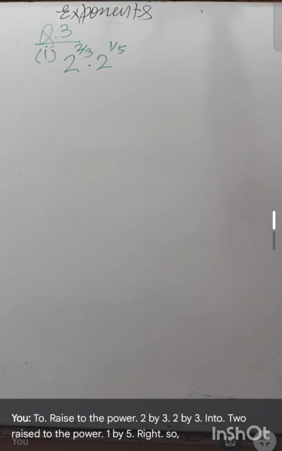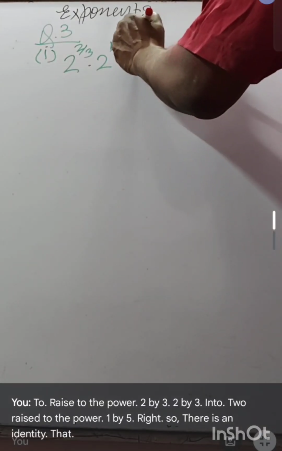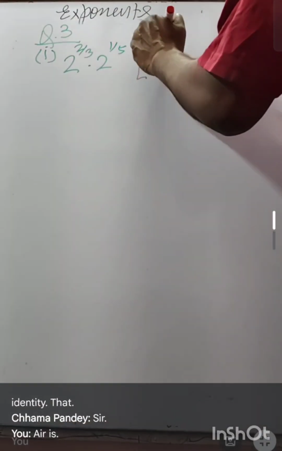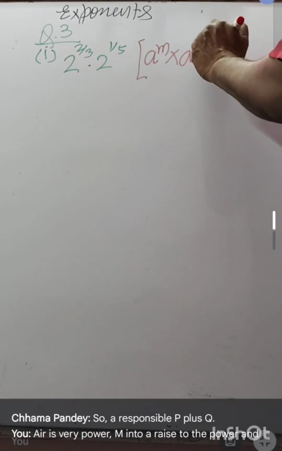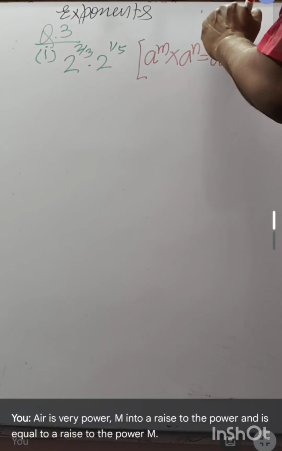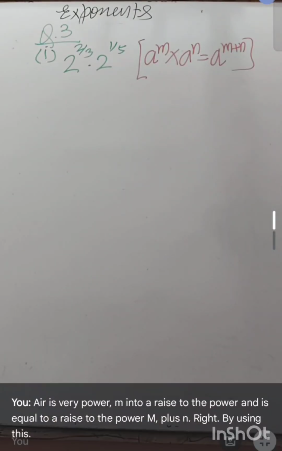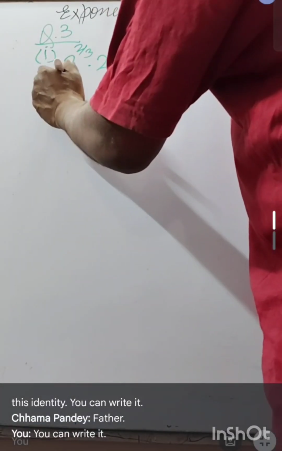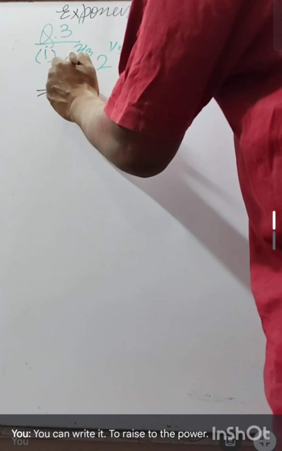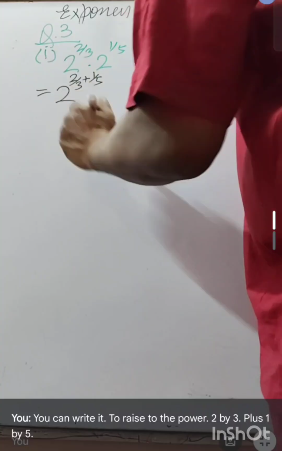So there is an identity that a raised to the power m into a raised to the power n is equal to a raised to the power m plus n. By using this identity, you can write it as 2 raised to the power 2 by 3 plus 1 by 5.